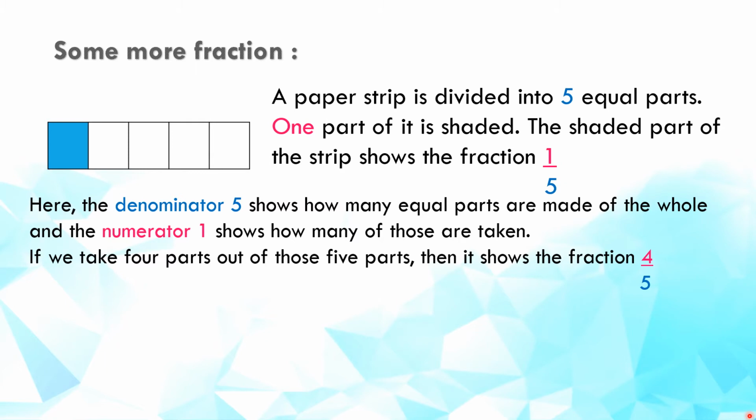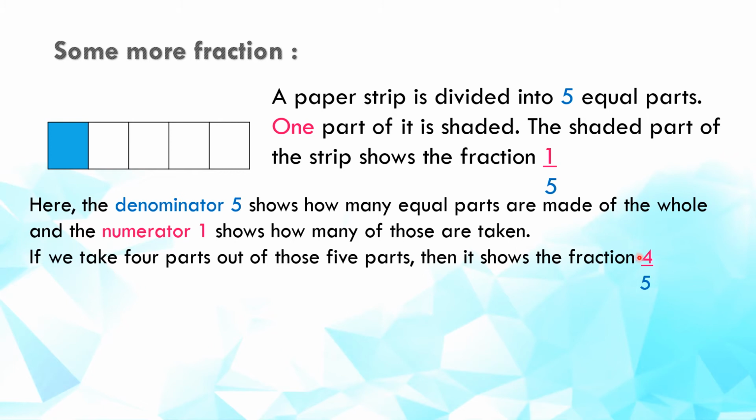If we take 4 parts out of those 5 parts, then it shows the fraction 4 upon 5. So students, if we take the unshaded part of this strip, we will get the fraction 4 upon 5. So first we have to count the number of parts which we will write down, and then for the unshaded part, we will count 1, 2, 3, 4.